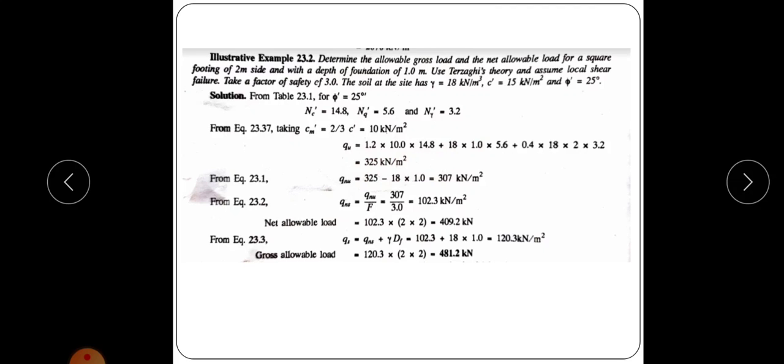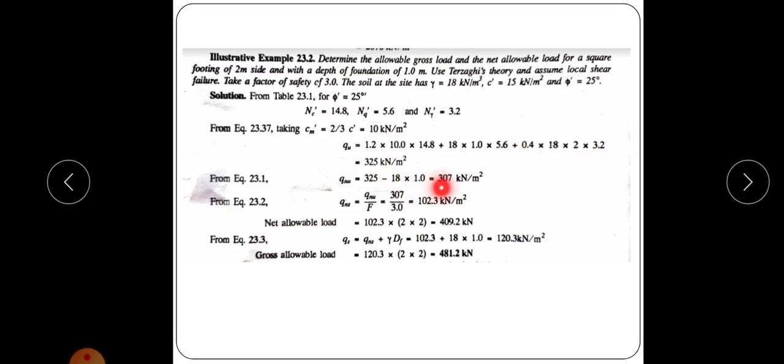Here it is asked to find the allowable gross load and the net allowable load. First we have calculated the ultimate bearing capacity qu, and it is obtained as 325 kilonewton per meter square. The ultimate bearing capacity equation for a square footing is 1.2 C Nc plus q Nq plus 0.4 gamma B N gamma. And the net qu is equal to qu minus gamma Df.